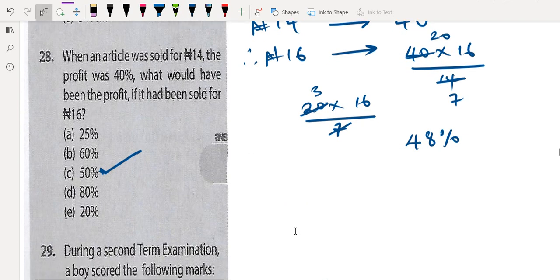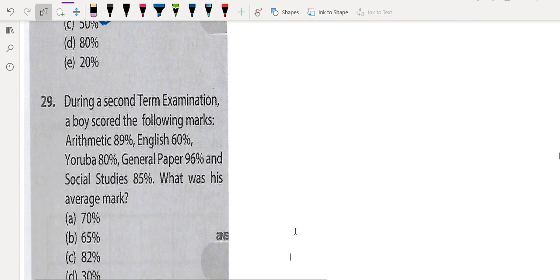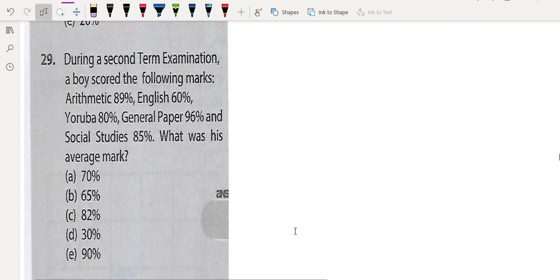Number 29, read, please. The following marks: arithmetic 89%, English 60%, Yoruba 80%, general paper 96%, and social studies 85%.